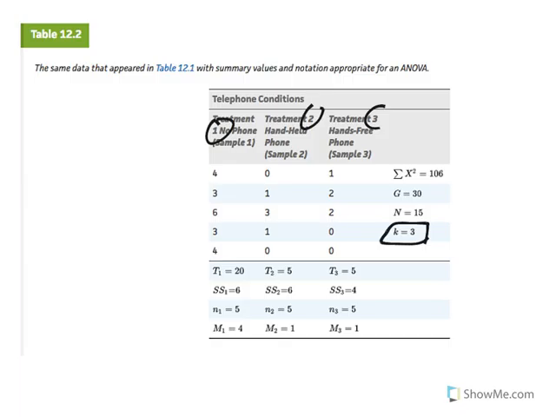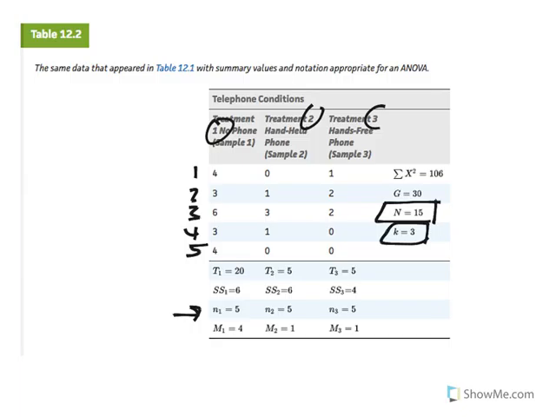We just learned that lowercase n represents how many individuals are in each condition. So we have 1, 2, 3, 4, 5. Our sample size is 5, and that's equal for all 3. So n sub 1 is equal to 5, n sub 2 is equal to 5, and n sub 3 is equal to 5. Capital N represents the total number of participants or scores that we have across all conditions.